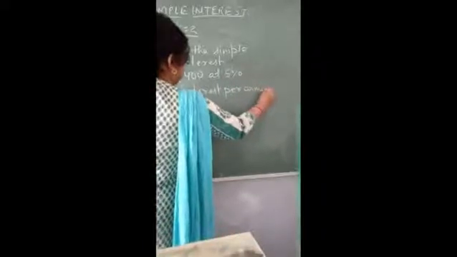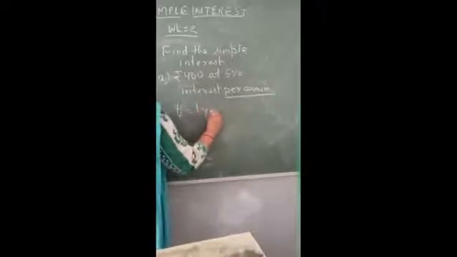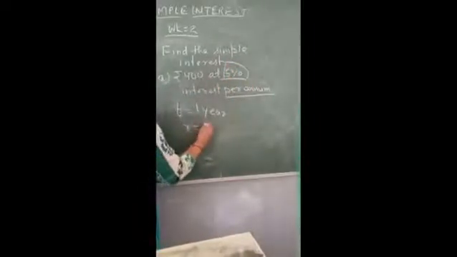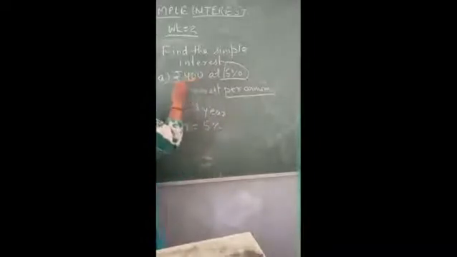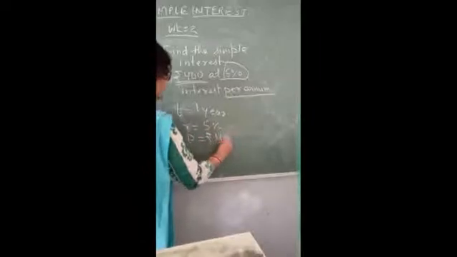Here per annum means for 1 year, so time is 1 year. Rate of interest R is 5%, and the principal amount is rupees 400.